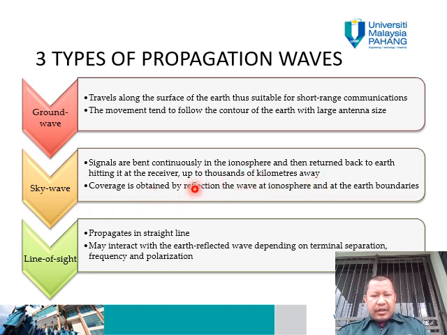Coverage is obtained by reflection of the wave at the ionosphere and at the earth boundaries. Number 3 is line of sight. Basically, line of sight propagates in a straight line. It may interact with the earth reflected wave depending on the terminal separation, frequency and polarization.